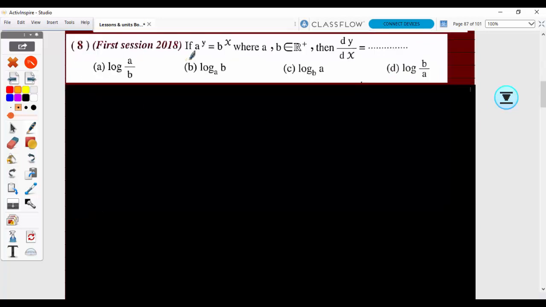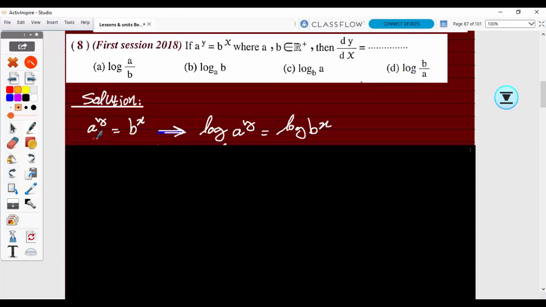Question number 8. If a power y equals b power x, where a and b belong to the set of positive real numbers, then dy dx equals log a over b, logarithm b to the base a, logarithm a to the base b, or logarithm b over a.